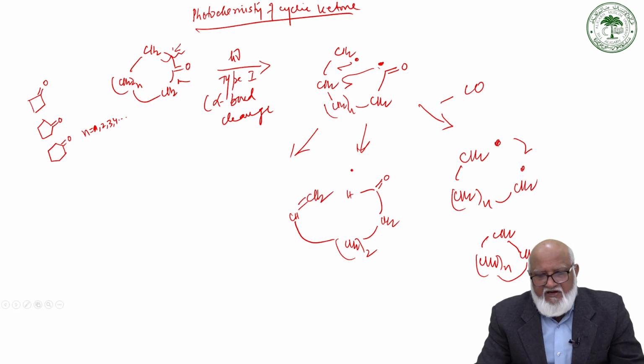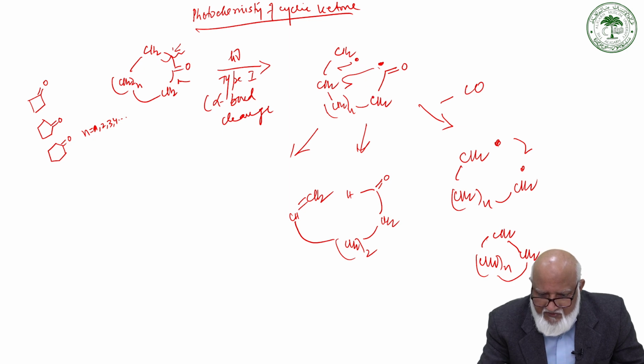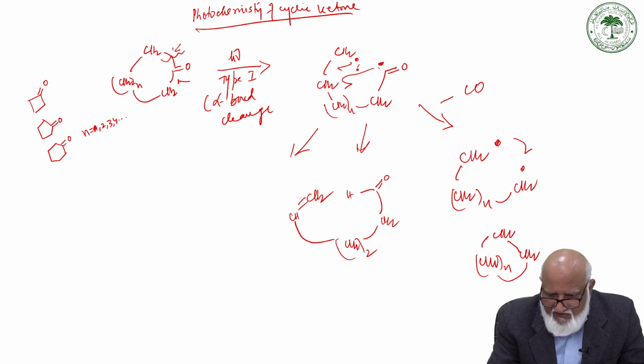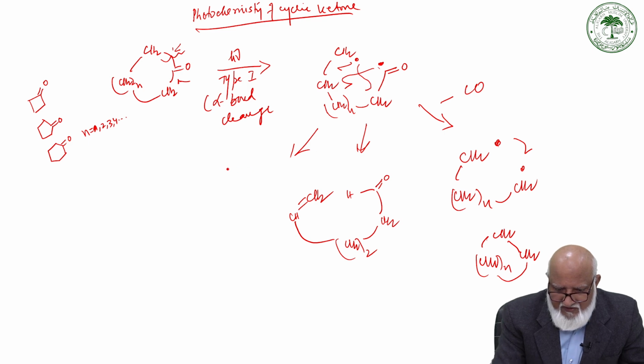The aldehyde is one of the products. The radical can also abstract a hydrogen atom from the other side, which gives a ketene, with CH3, (CH2)n, and C double bond O.